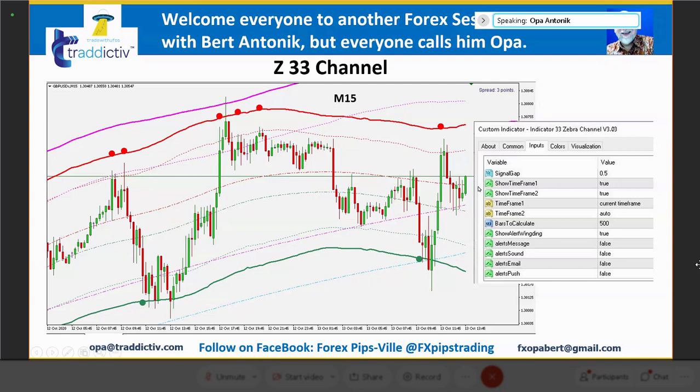All right. So there's your 33 channel. You see we have an upper channel, we have a lower channel here, and then we have the middle channel. And the nice thing about this also is using the channel and determining what the flow of the channel is. Now, I try to give you the idea that the channels are like a river, okay?